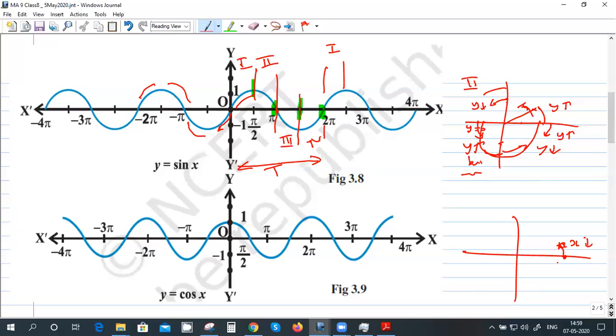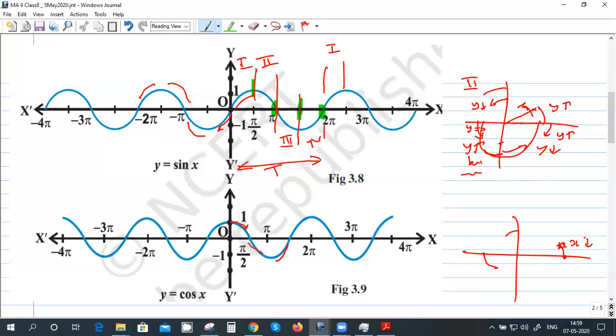Cos is x by r, no? x1, yes. It is 1. So at 0 it is 1. After that it is decreasing up to pi by 2. After that it is increasing on the negative side. That's what is happening here. It's increasing but on the negative side, up to this point. And again it is decreasing but on the negative side.